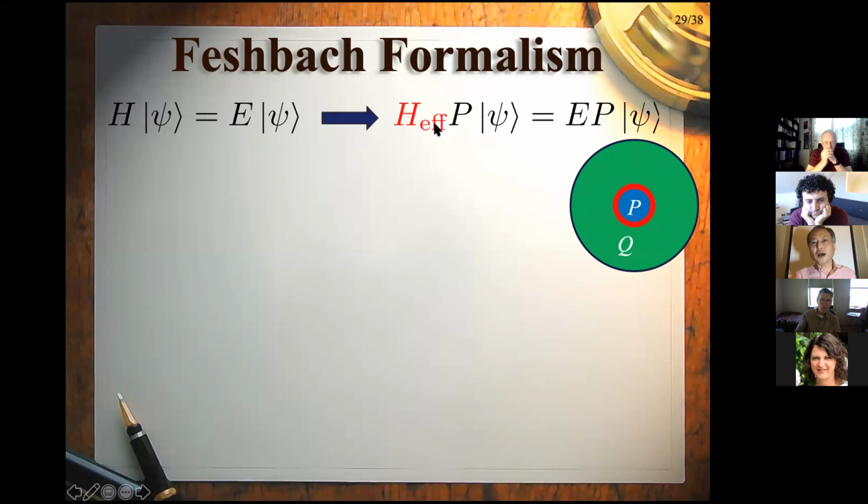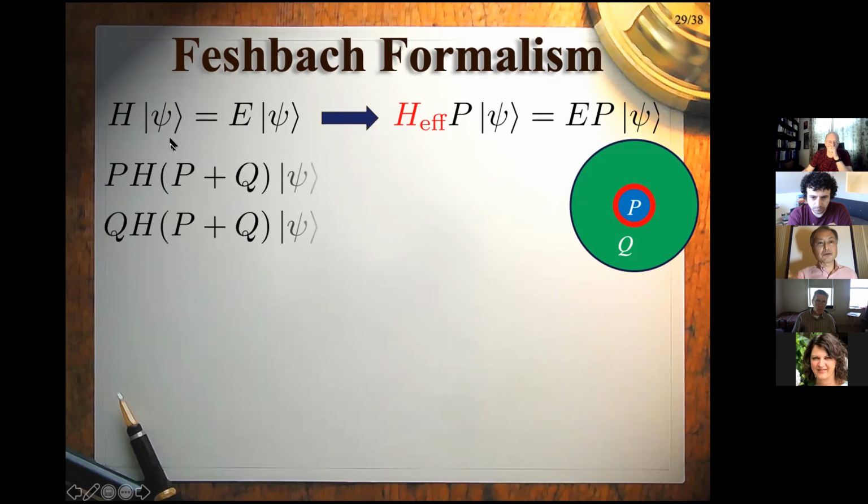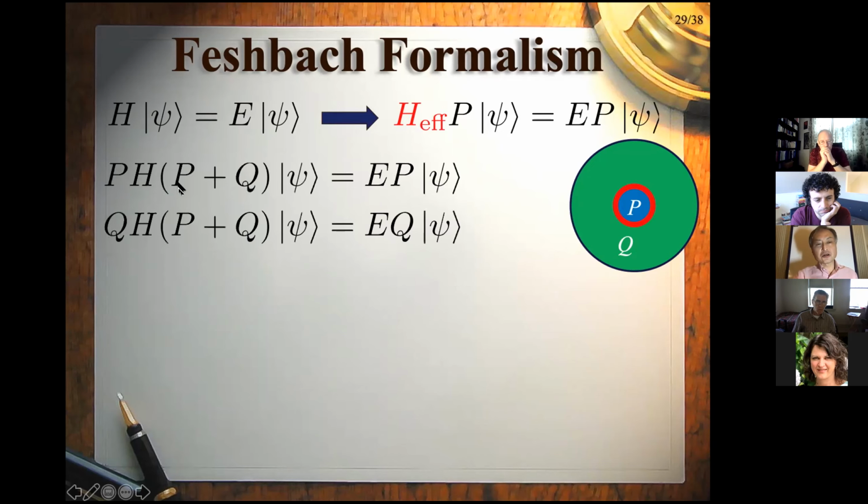Then what would I have for the effect of this part? This is the Schrödinger equation only for here. Then what would I see here? That's the algebra. I first apply a P projection operator to this, and insert P plus Q here. P plus Q is identity, of course.